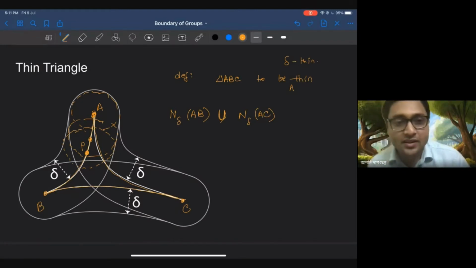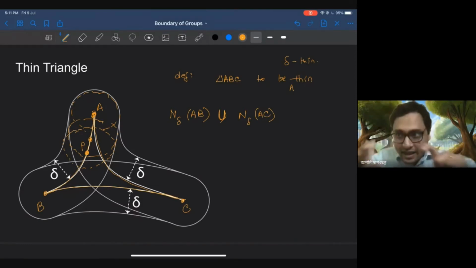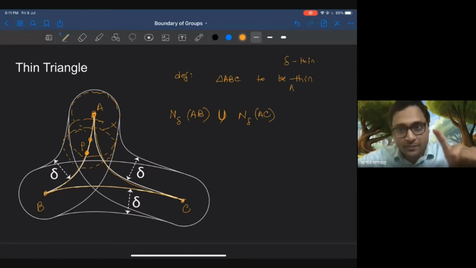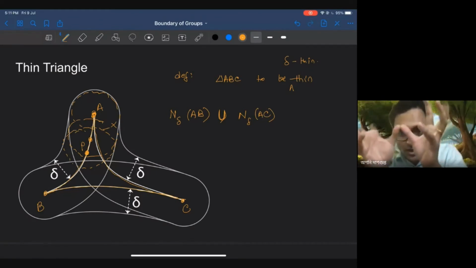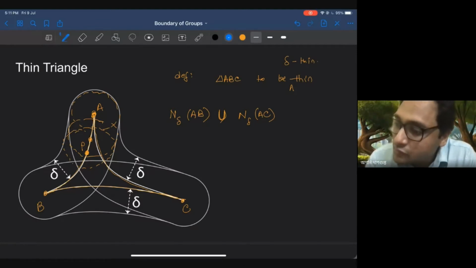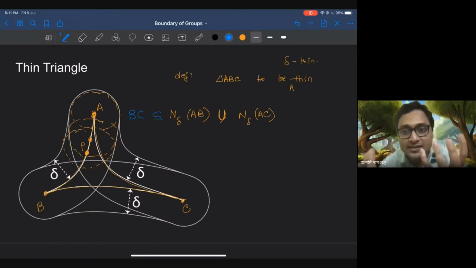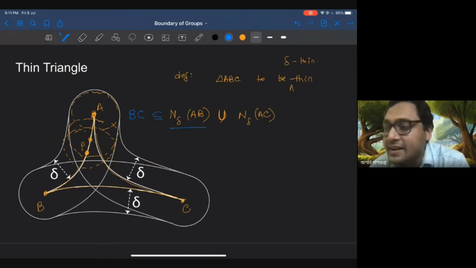So we took two fat regions around two of the sides, AB and AC, and we took the union of them. What we want is for the third side BC to be inside the union of the delta neighborhood of AB and the delta neighborhood of AC.